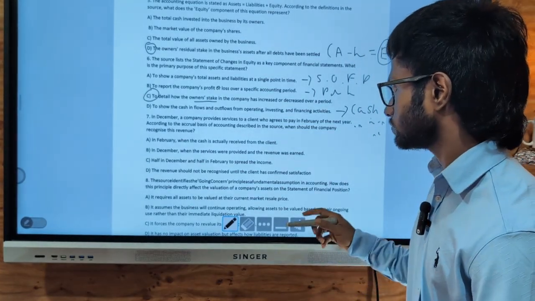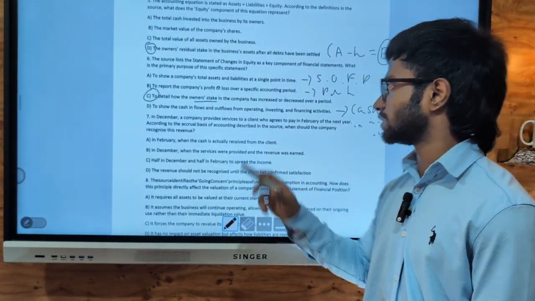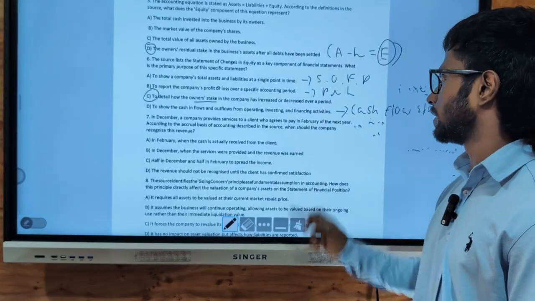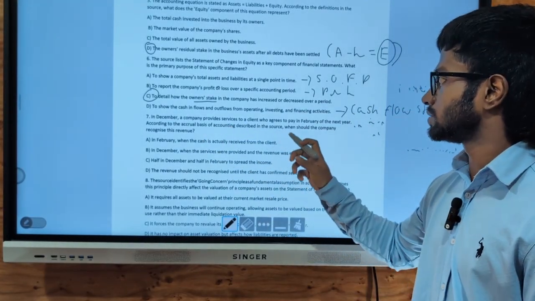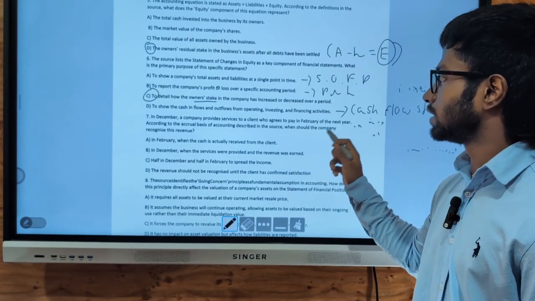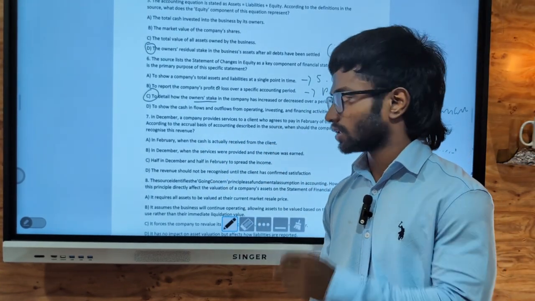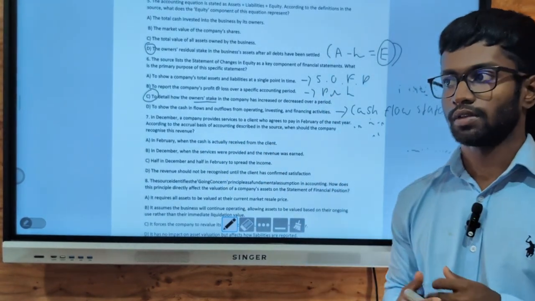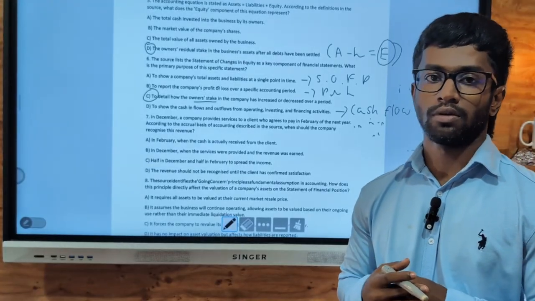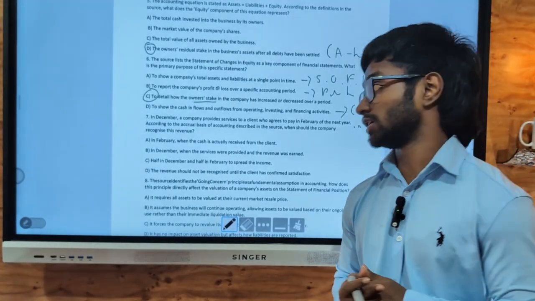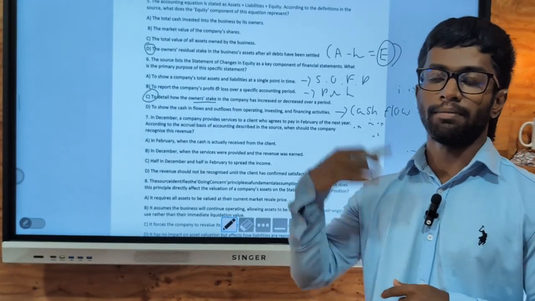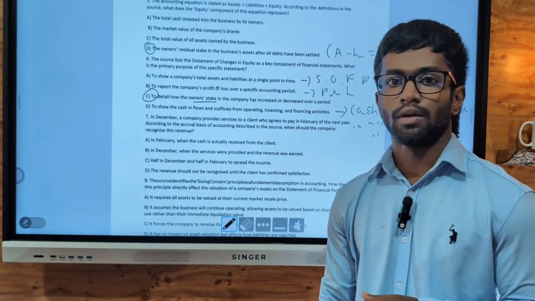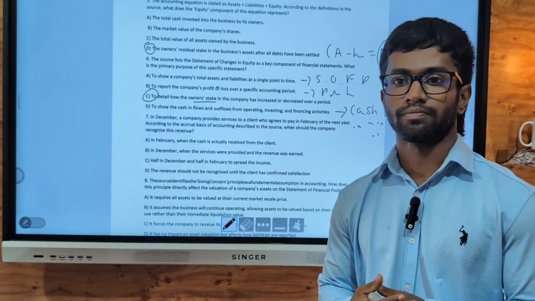Seventh, we have in December, company provides services to a client who agrees to pay in February for next year. According to the accrual basis of accounting described in the source, when should the company recognize this revenue? Now, remember I explained the revenue recognition concept or realization concept. So, according to accrual basis, when the goods have been provided to the customer, then you can record it as an income.